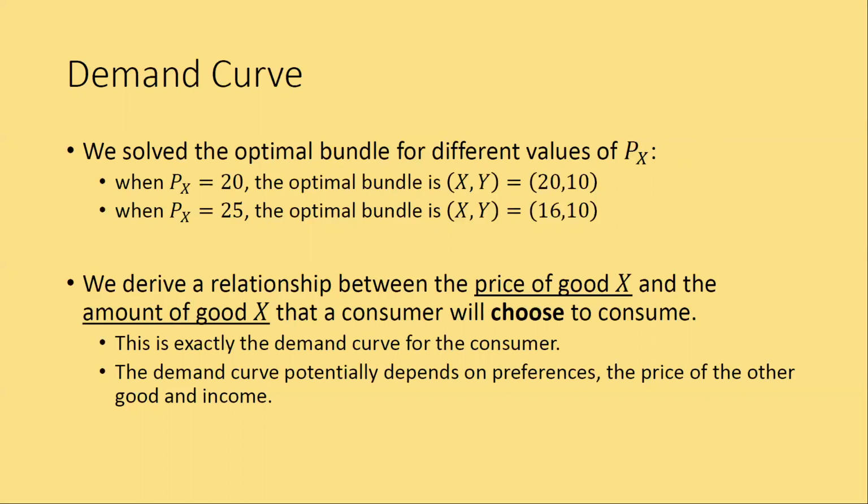We are holding those outside factors constant, and we are deriving a relationship between the price of the good x and the quantity of the good x that the consumer will choose to consume as a result of her utility optimization problem. So this is how we can derive the demand curve from the consumer's problem.